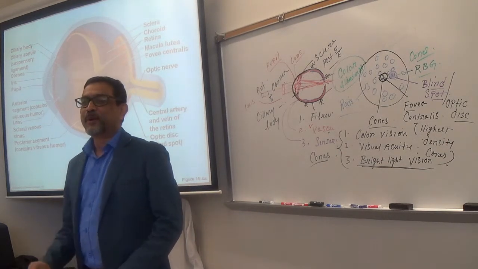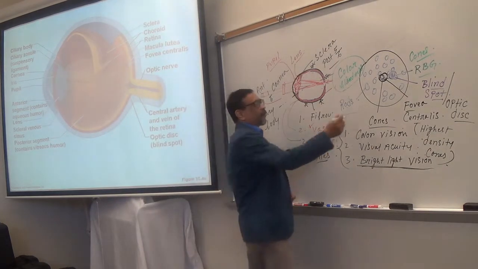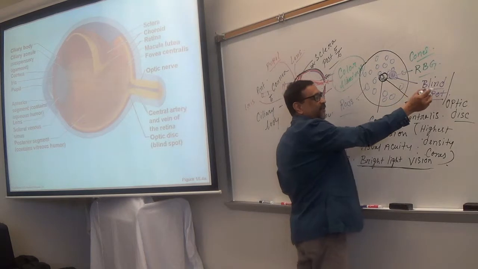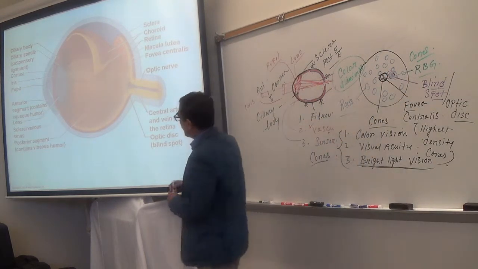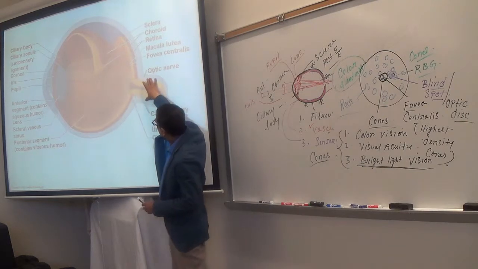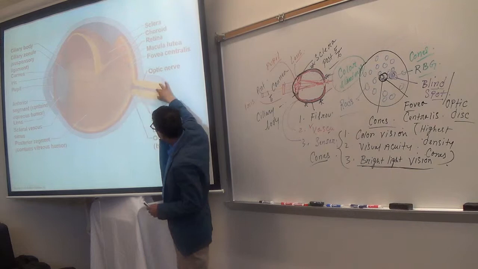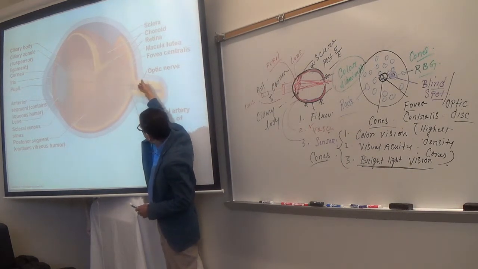Okay. So why is there no rods and cones? Why is this the blind spot? Because the optic nerve, you see here, this is the optic nerve and blood vessels. These are the blood vessels, arteries, veins, attached to this area.